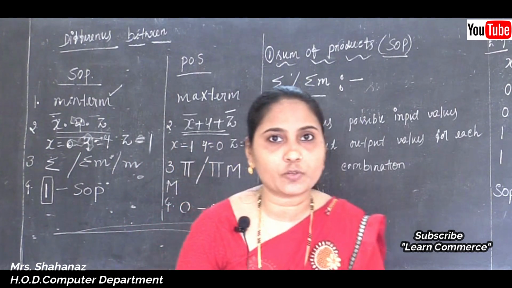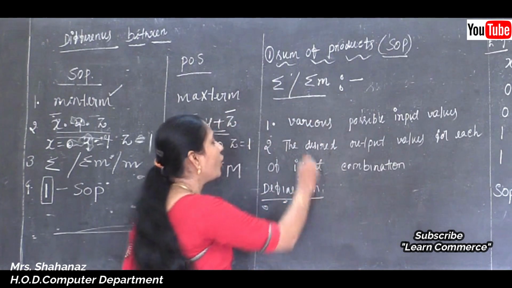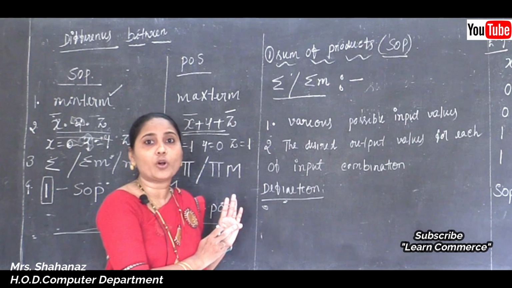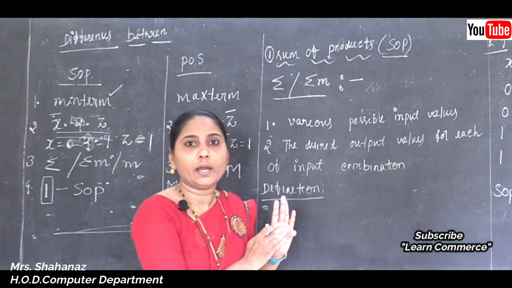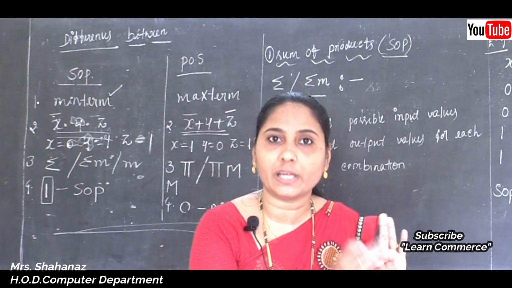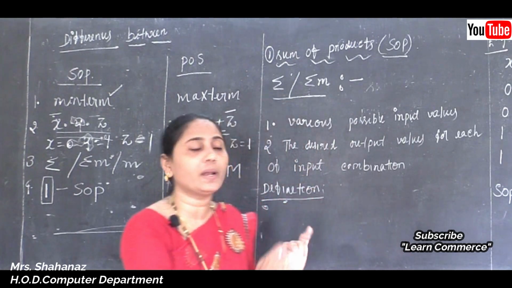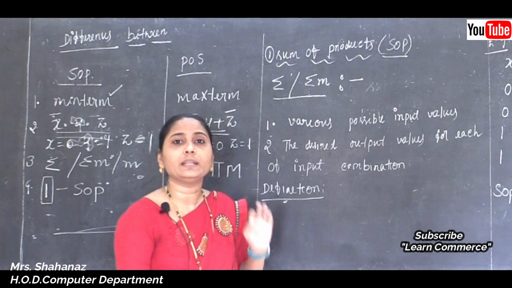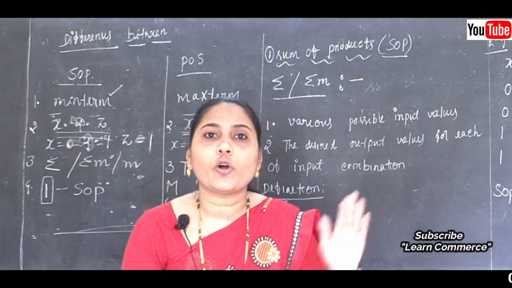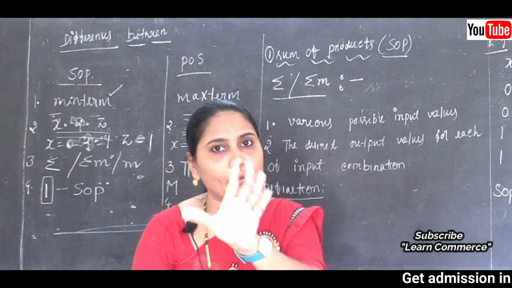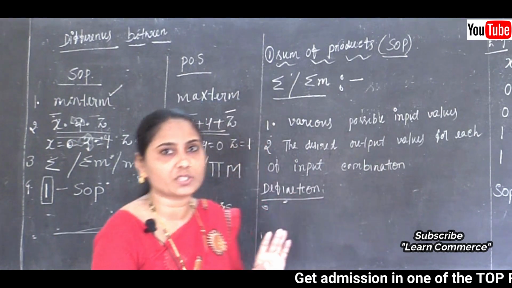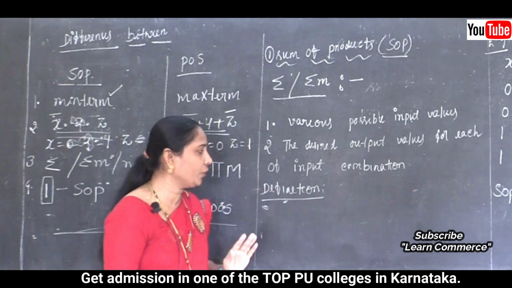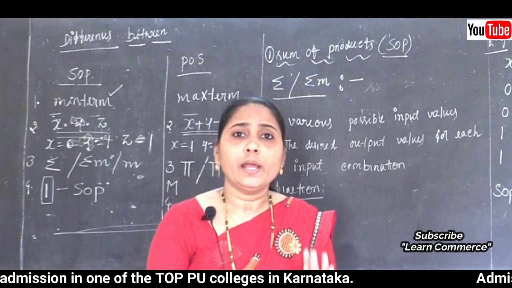First of all we need the possible input values, maybe two input variables, three input variables, or four input variables, and depending on the input we get the desired output values.